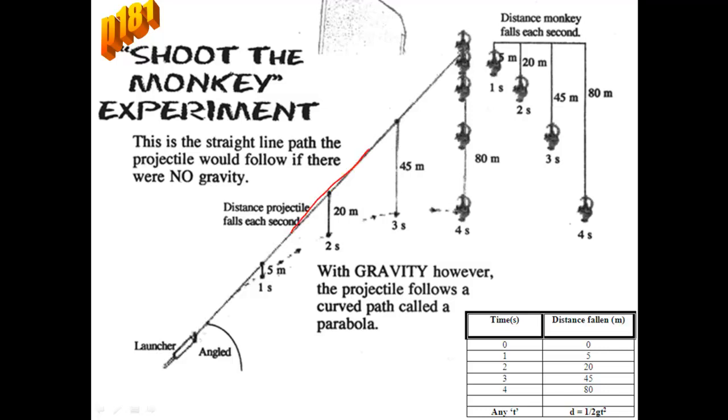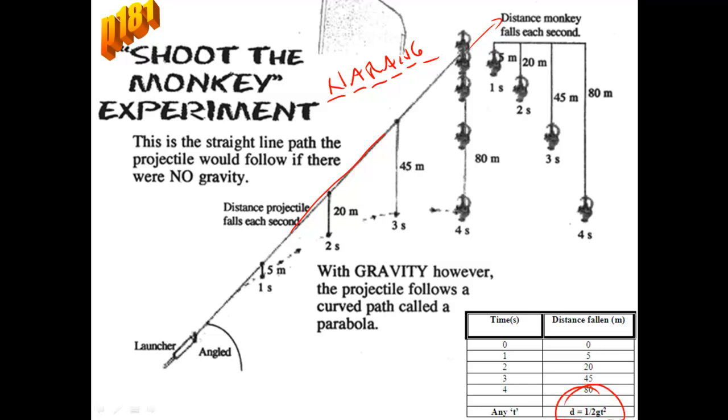We have this path here called the narang, which is no air resistance and no gravity. If there was no gravity, no air resistance, the bullet would keep going on forever and the monkey would surely be missed. But remember, that bullet is going to fall away from that narang.